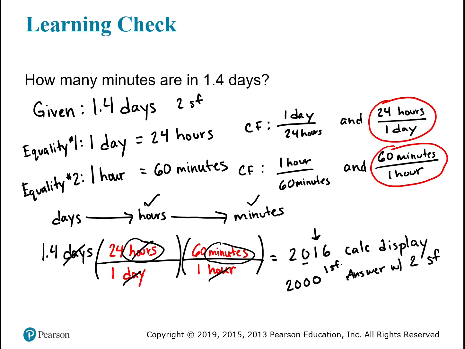We need to represent this with 2 sig figs. Use scientific notation. That way you can show that you have a significant 0. And of course, don't forget units.